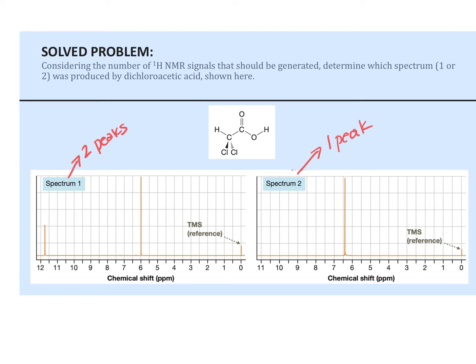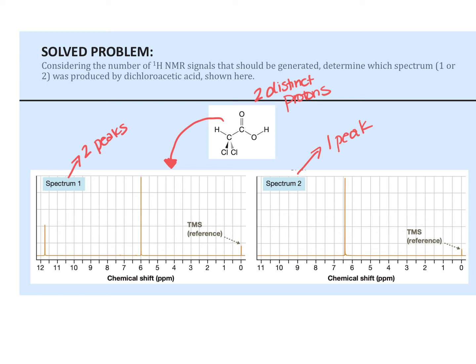So what we have here are two distinct protons. And because we have two distinct protons, that's going to give us two distinct signals. And so the two distinct signals means that it's going to be associated here with the first spectra.